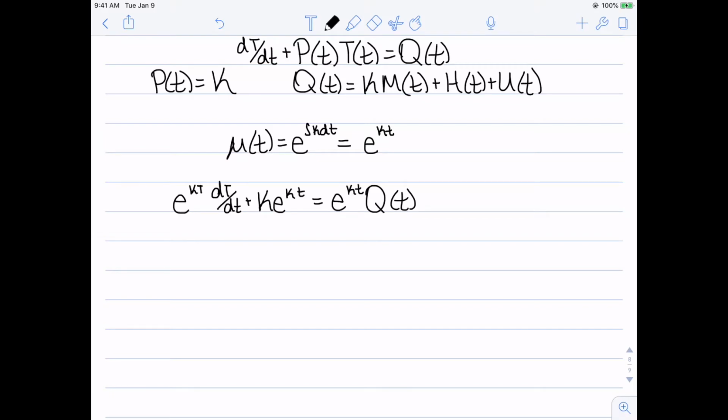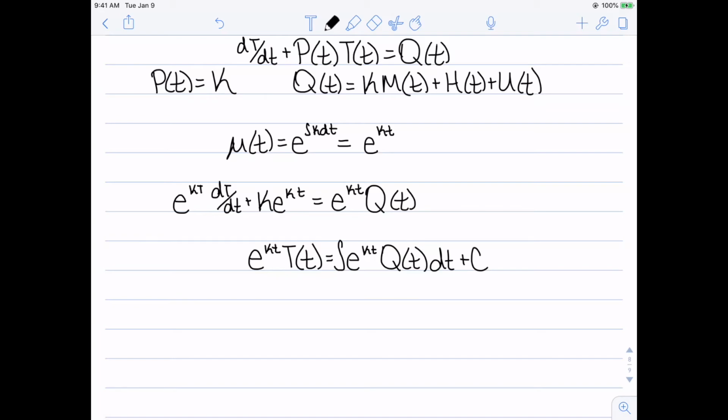Multiplying through by this integrating factor gives me e to the kt times dT over dt, plus k e to the kt times T is equal to e to the kt times Q of t. Using the properties of solving linear differential equations, we can integrate both sides.